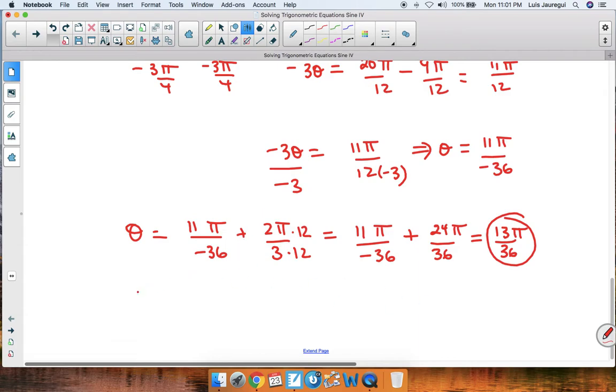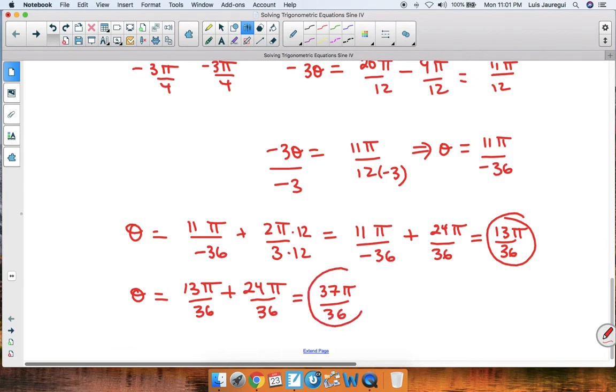Now, for the next theta, we're going to take this particular value, 13 pi over 36, and add the period. The period is 2 pi over 3, which corresponds to 24 pi over 36. So let's add the 24 pi over 36, and we get 13 pi plus 24 pi becomes 37 pi all over 36. This is still fine because it's less than the 2 pi, or 72 pi over 36.